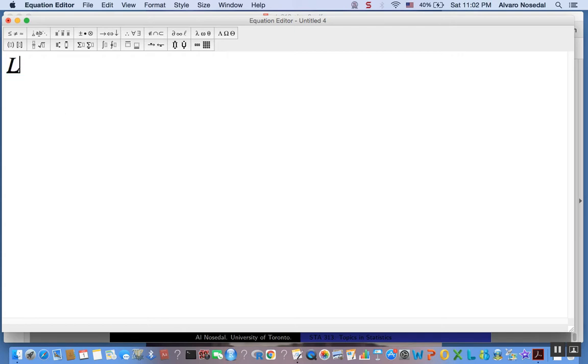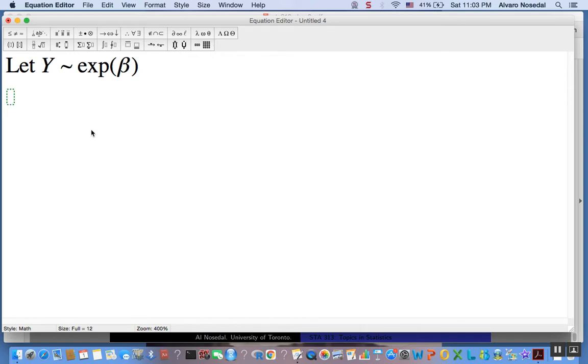So let y have an exponential distribution with parameter beta. It's just a generic random variable with an exponential distribution.